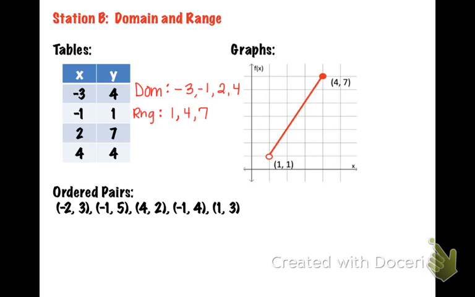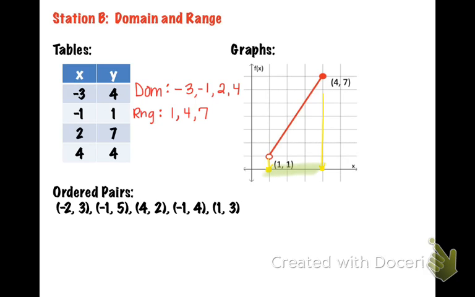If I take this very first x value and drop it down, it would start right here. My very last x value would be right here. And since that line is connected, I would include all the x values in between there.